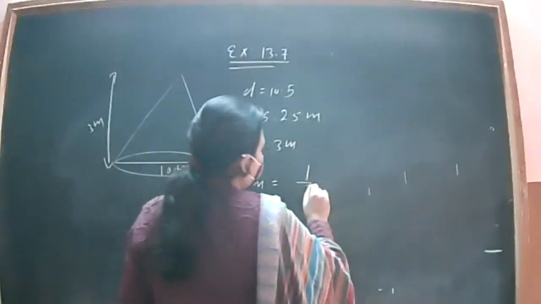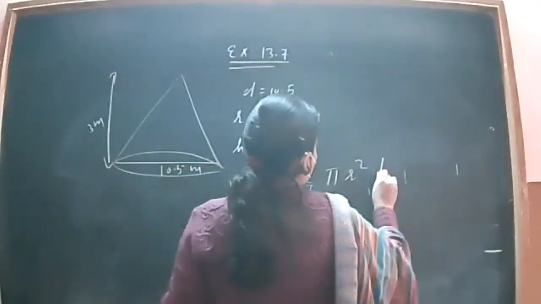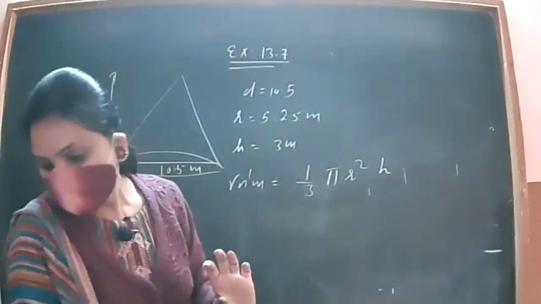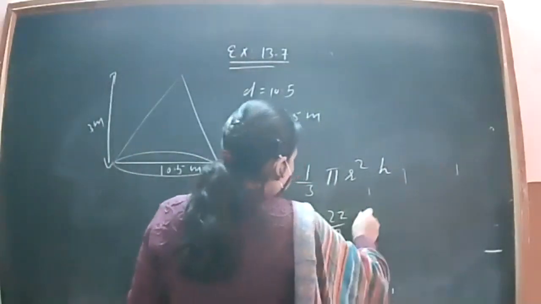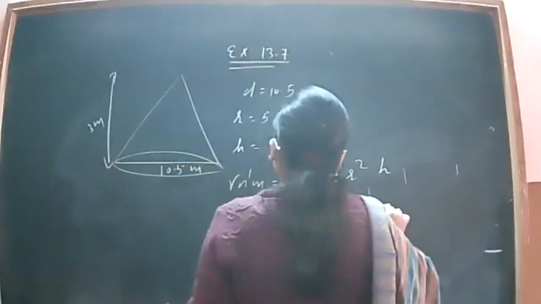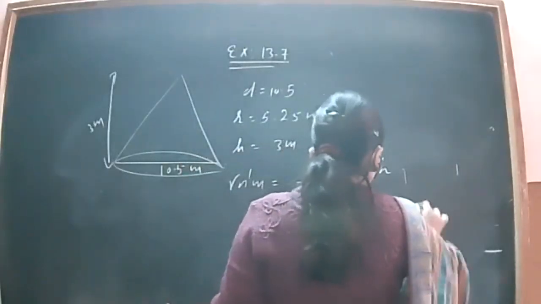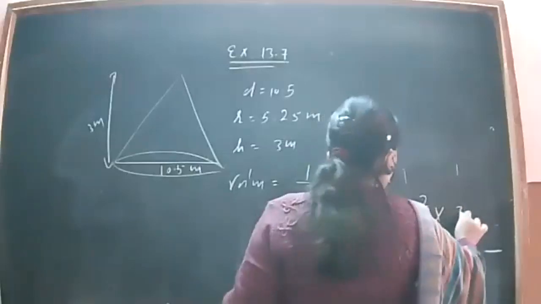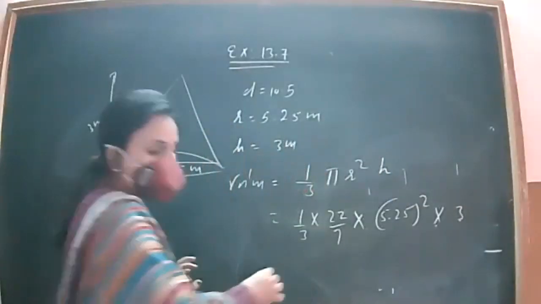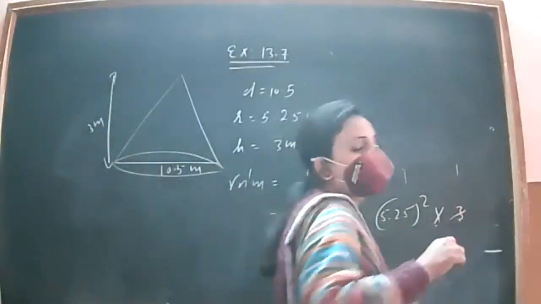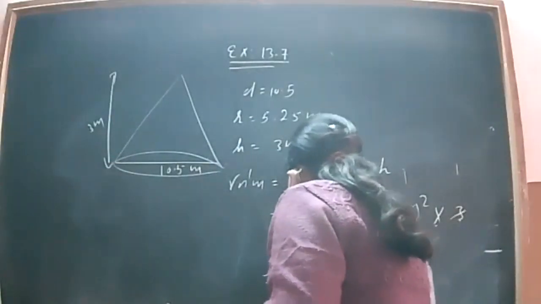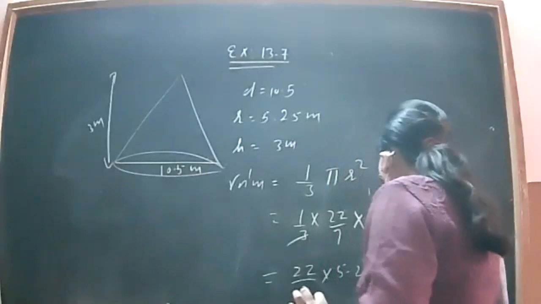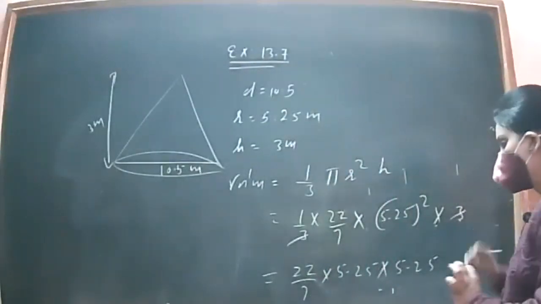Hope so. So 1/3 pi r square h. This is equal to 1/3 into 22/7 into 5.25 square into h. h means 3, so this 3 gets cancelled with this 3. So this is further equal to 22/7 into 5.25 into 5.25, right?